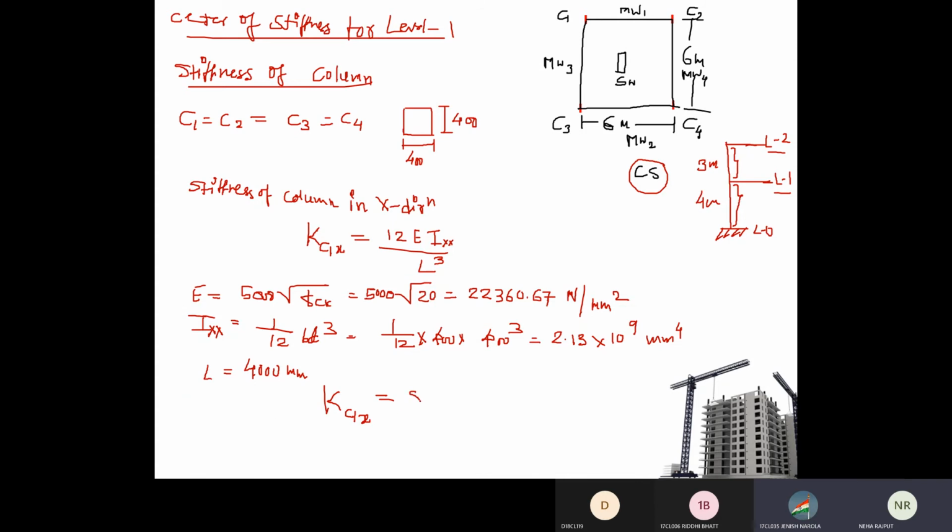8930 unit. What is the unit of stiffness?